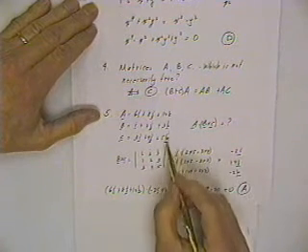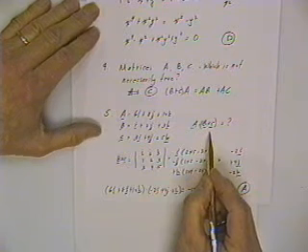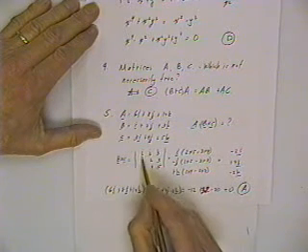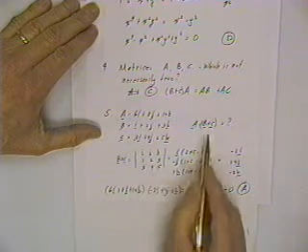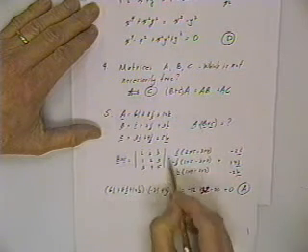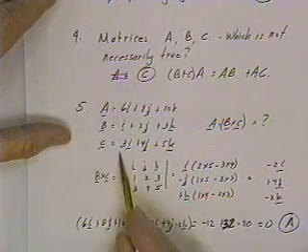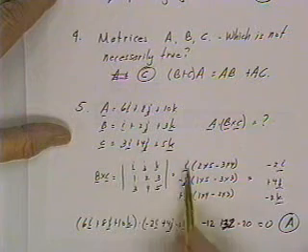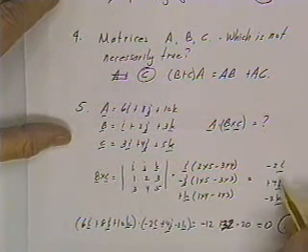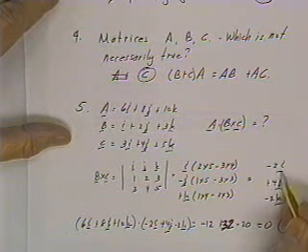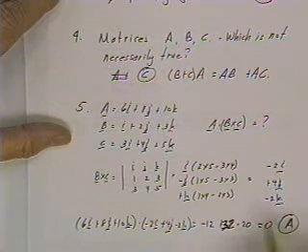The next one gives you 3 vectors and asks you to calculate A dot B cross C. We set up the determinant i, j, k. The next line is the vector B, 1, 2, 3. The third line is the vector C, 3, 4, 5. And we use the determinants and calculate them out, and we come up with this vector minus 2i plus 4j minus 2k.